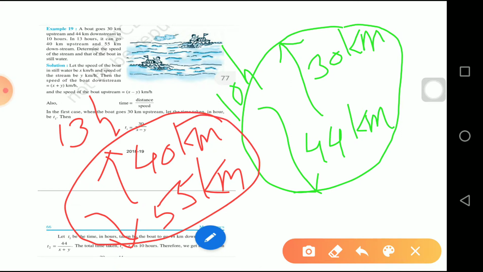This case is for time 13 hours. Determine the speed of the stream and that of the boat in still water.